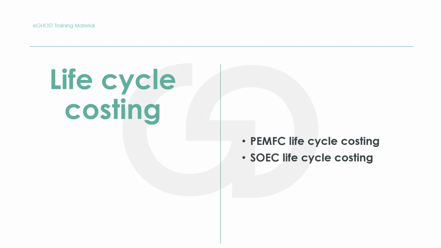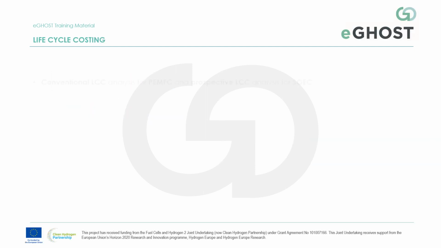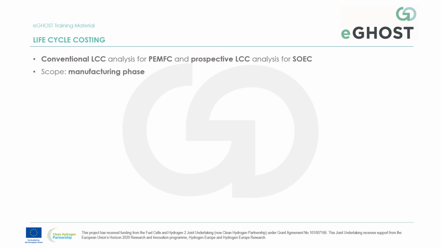Now we go to the life cycle costing. Again, just a quick recap. First, we have the conventional LCC for the PEM fuel cell, and then a prospective one for the solid oxide technology. We included only the manufacturing phase, and the inventory is based on the environmental LCA.